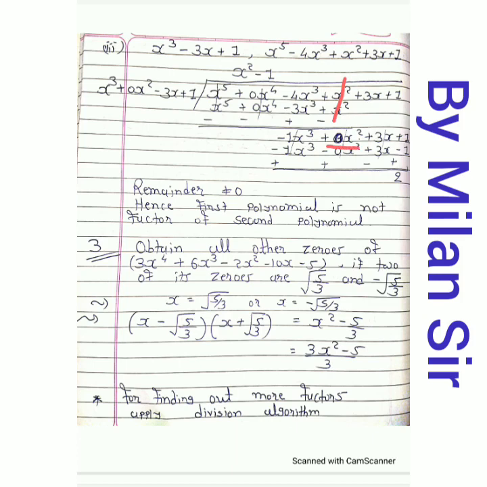Okay, in between if any term cut out, then in place of we need to write 0x square. Okay, here first two term are cut out. In place of we do not need to write 0x raised to 4, otherwise 0x raised to 5, but in between if we get somewhere 0, then we write like this.